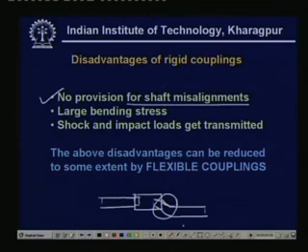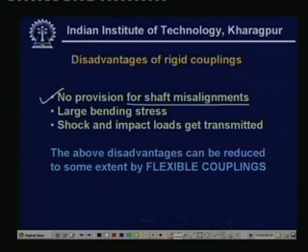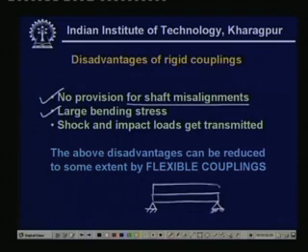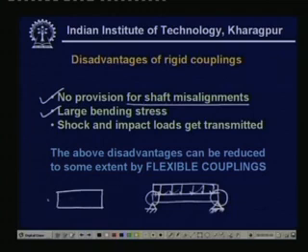The second is the large bending stress. Here you see, take for example a beam which is supported on two simple supports, then of course, there is no bending stress here, that is from the kinematic relationship of such kind of support, but a rigid coupling is taken to be a fixed clamp.